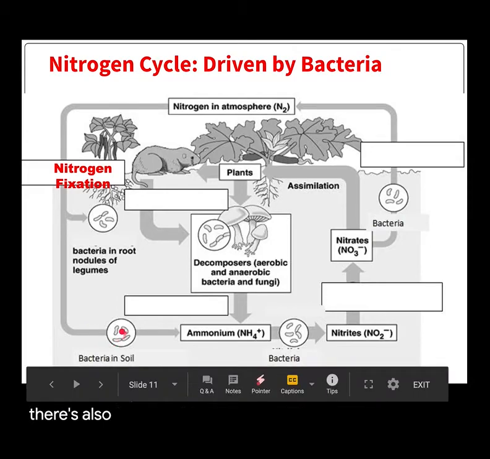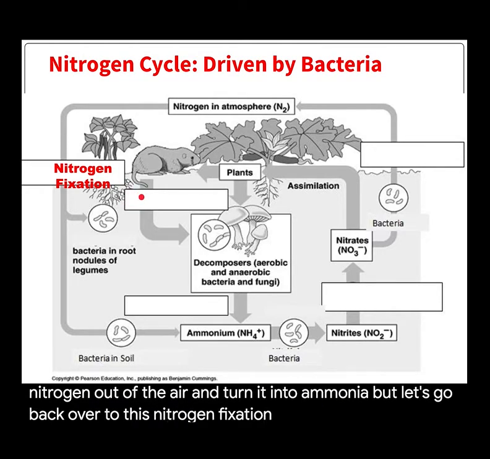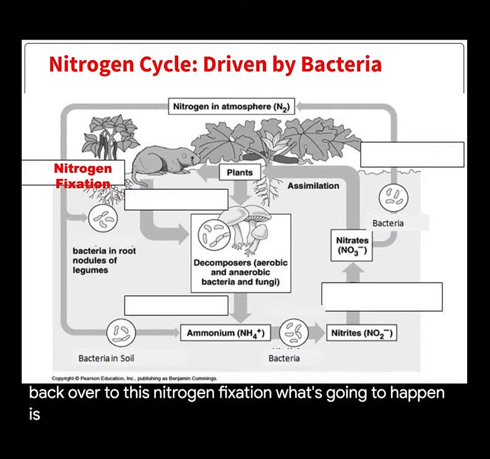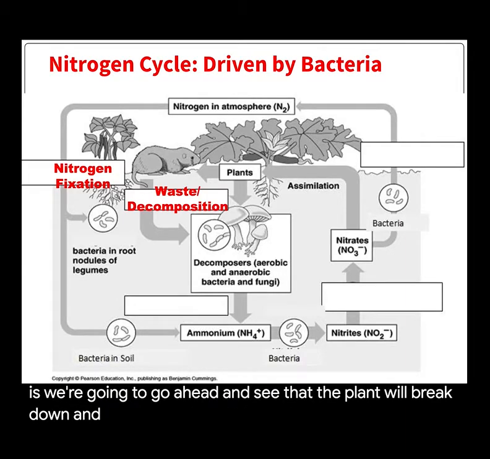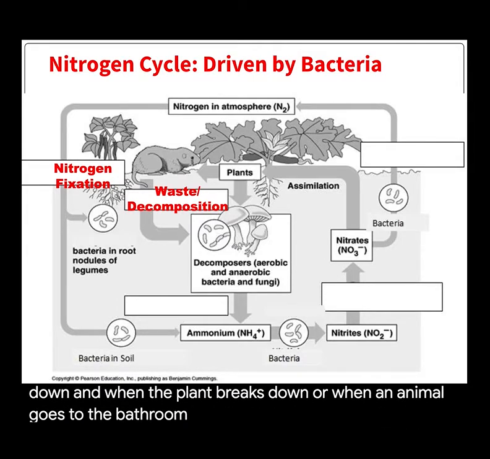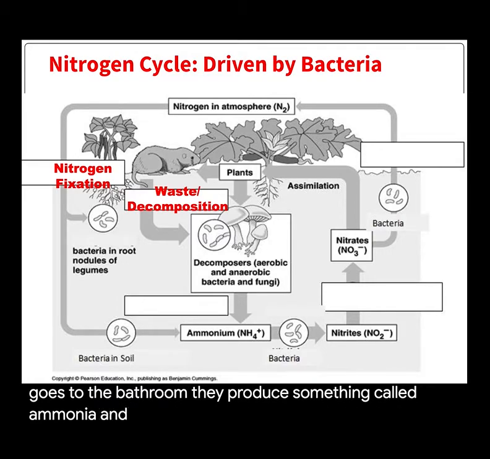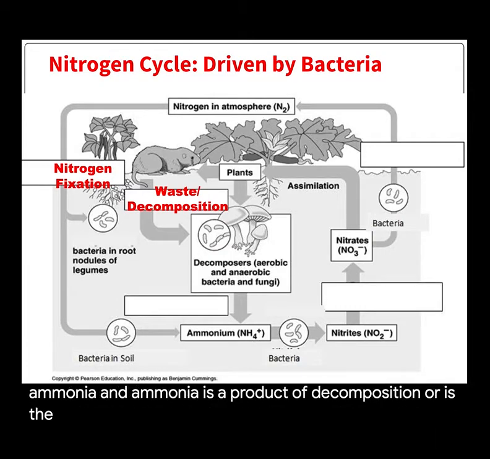Now there's also bacteria in the soil that will take the nitrogen out of the air and turn it into ammonia. But let's go back over to this nitrogen fixation. What's going to happen is that the plant will break down. And when the plant breaks down, or when an animal goes to the bathroom, they produce something called ammonia. Ammonia is a product of decomposition, or the product that you give off.